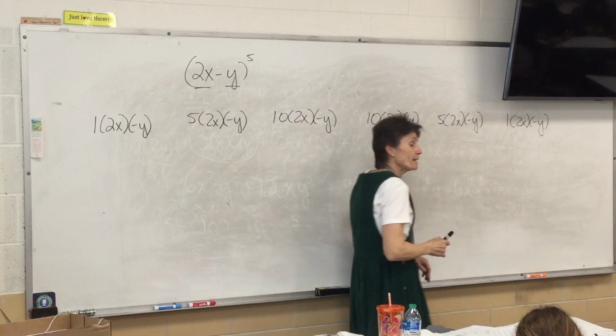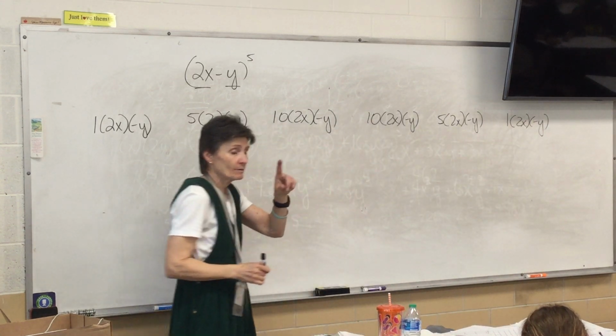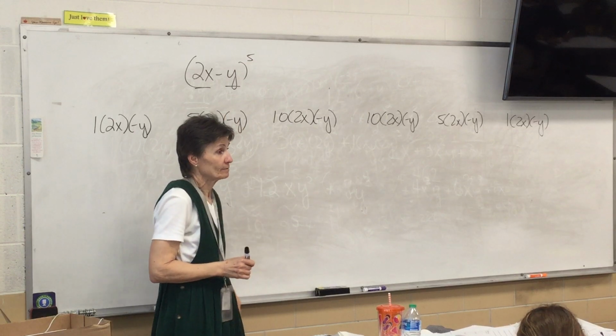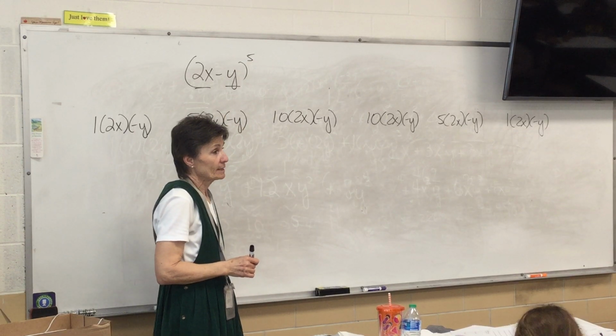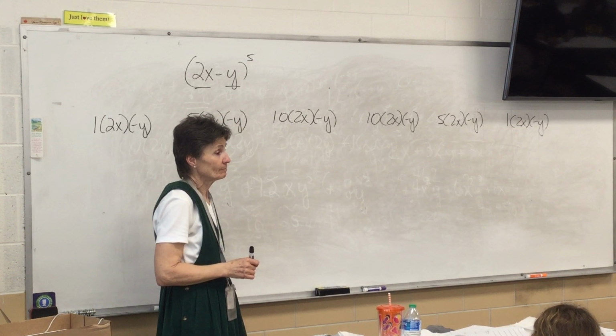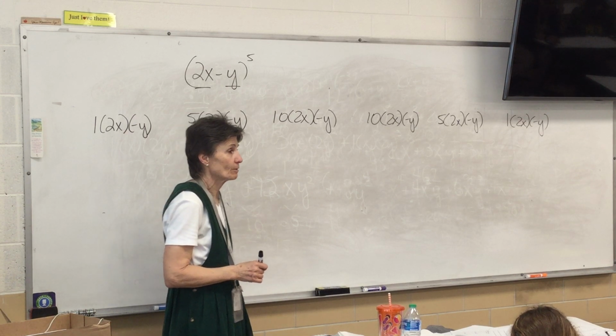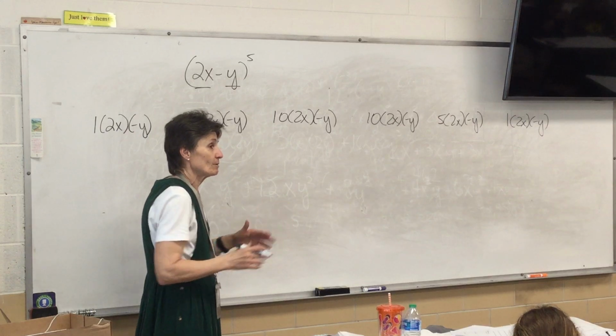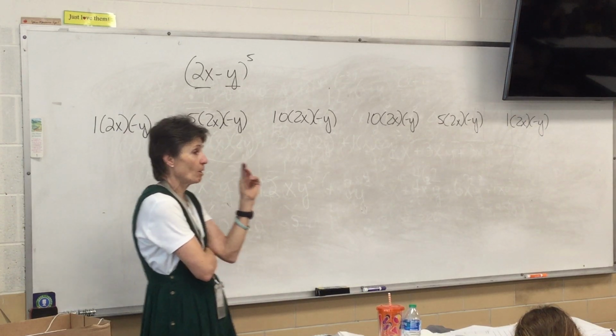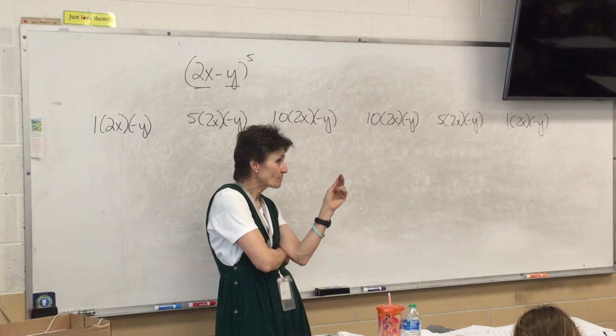Now before you start whining and complaining, remember, the alternative is start foiling. Takes forever to foil that, I'm telling you. The numbers get big. This is much easier once you get the pattern down. Okay, so Olivia Barr, what did I do first? What was the first thing I did?